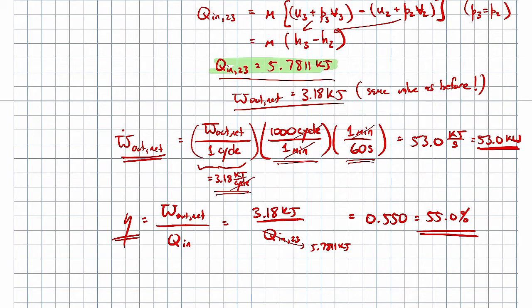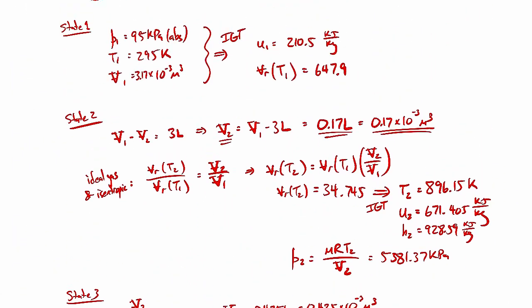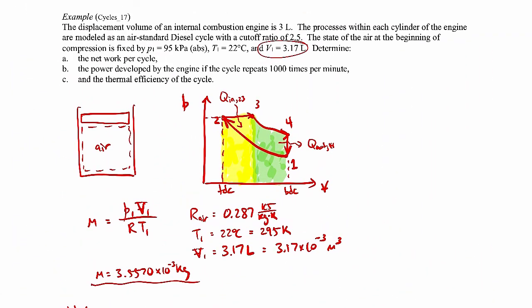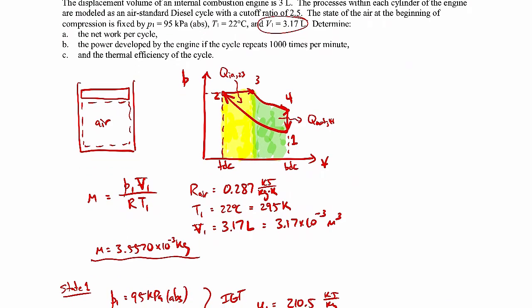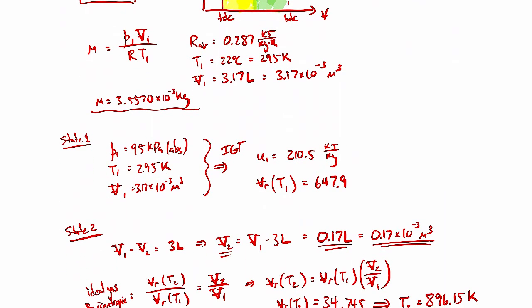All right, so that's everything in this example. Just a few things to recap what we've done. First thing that we did was draw a system and then sketch out what our cycle looks like. Here I chose a PV plot because I really wanted to emphasize the PdV work. We used the ideal gas law a couple times in the problem. One of the first things that we did was we found the states.